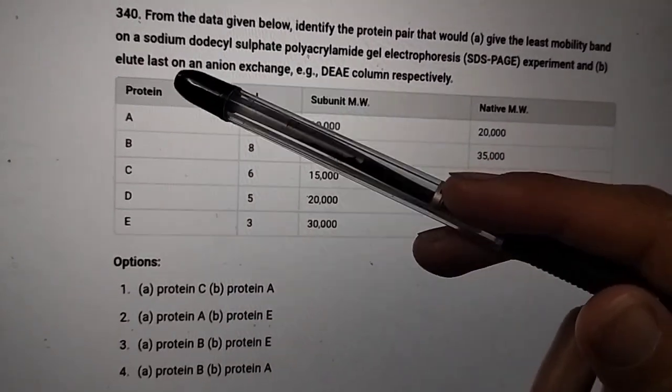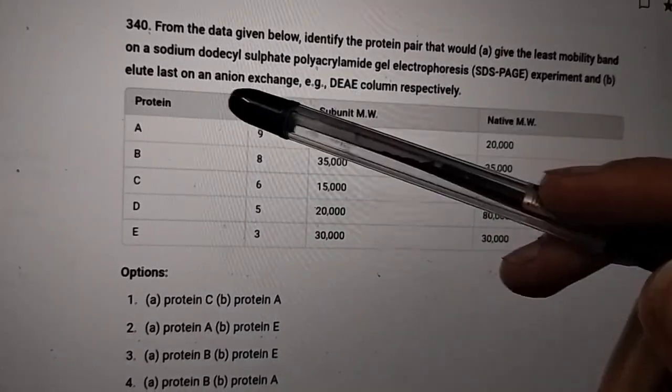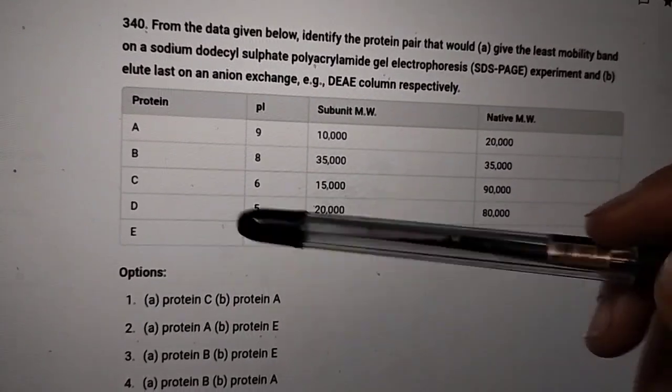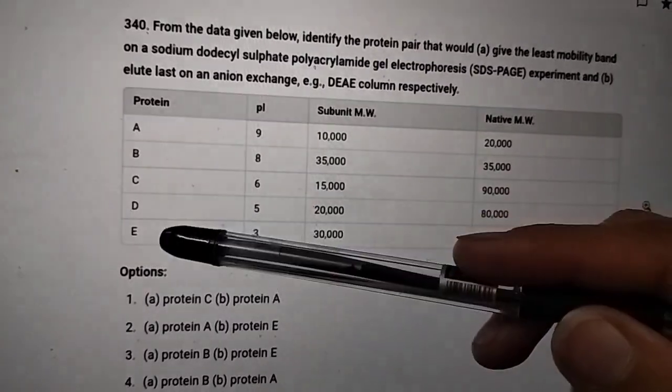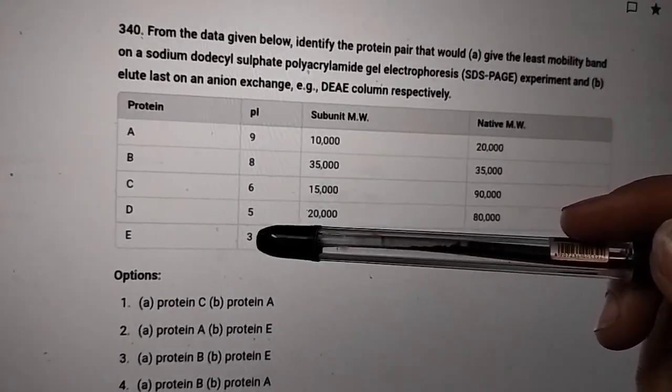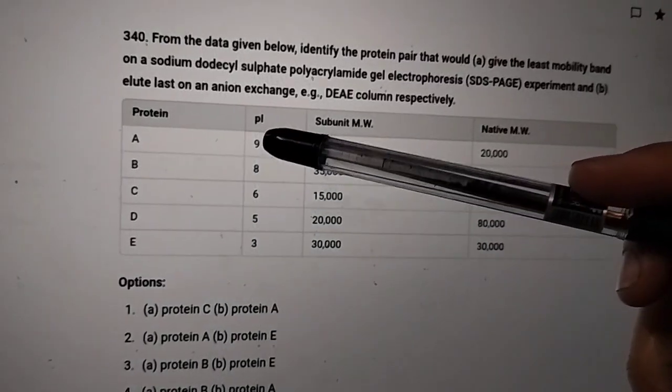So we have to now find which protein will be eluted at the last in an anion exchange column, protein E or A. So when we look at this, protein E has pI 3, while protein A has pI 9.